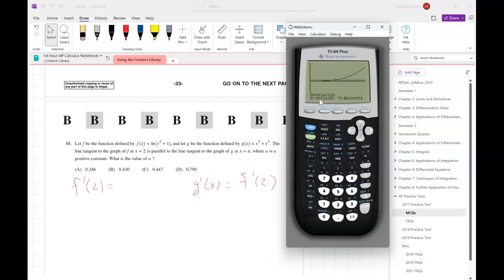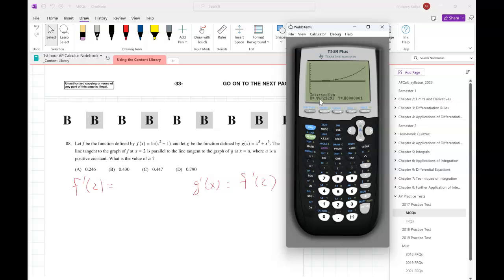How much easier is it with your calculator if you know what to do? If I know how to use my calculator well and how to generate the graph of a derivative, and use my calculator to do graphs, intersections, and solvings, boy, that helps, right?